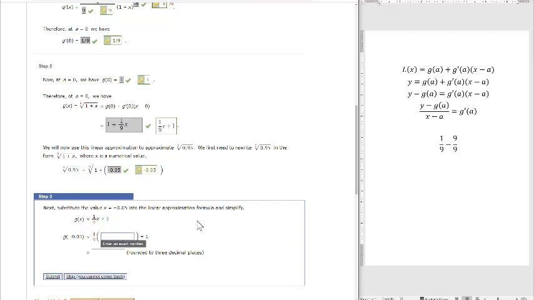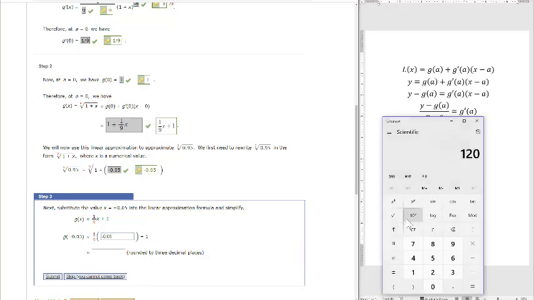That's minus 0.05. And then we're going to do the calculations. Well, just use a calculator for this. I have negative 0.05, and I want to divide that by 9. And then after that, I want to add 1 to it. So I have 0.994, rounded off to 3 decimal places. I think it's just going to be 0.994.